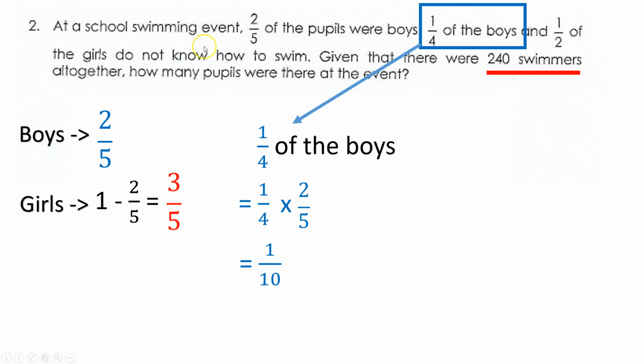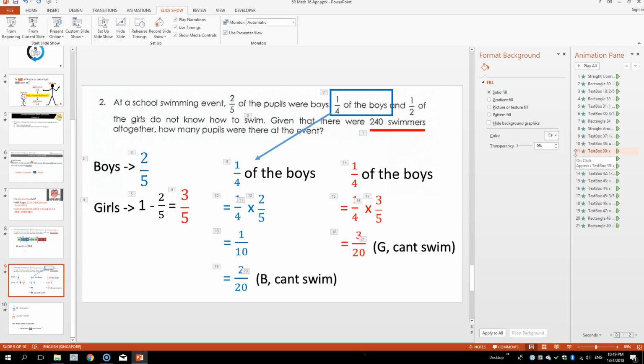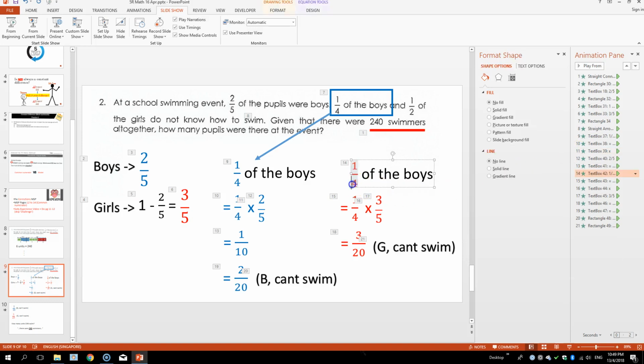Half of the girls. Same thing. I'm sorry, there's a typo here. It should be half of the girls. Let me just change it now, just in case you are confused. Okay, we talk about now the second sentence. It says half of the girls. Now this half of the girls, the same thing.